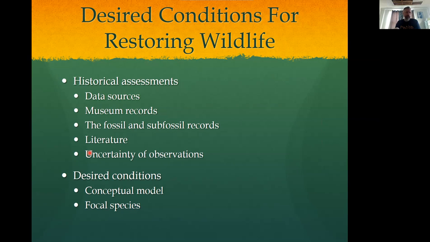Ultimately, though, you'll use those historical assessments to come up with a set of desired conditions, right? You'll build a conceptual model of how you envision the ecosystem to work post-restoration, and you'll do so primarily by focusing on usually just a handful of what we'll call focal species, things that if you manage for them, everything else will kind of fall into place around them.